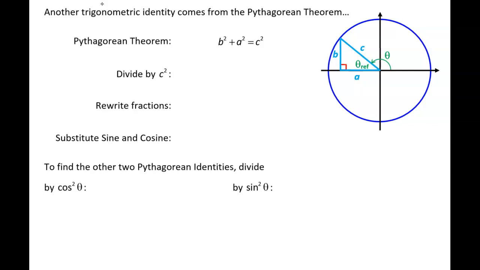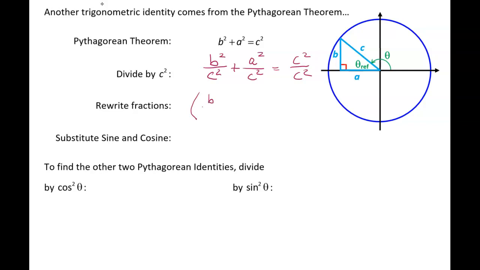And we know from the Pythagorean theorem that b squared plus a squared has to equal c squared. If you divide by c squared, then we get b squared over c squared plus a squared over c squared equals c squared over c squared. Now let's rewrite the fractions.